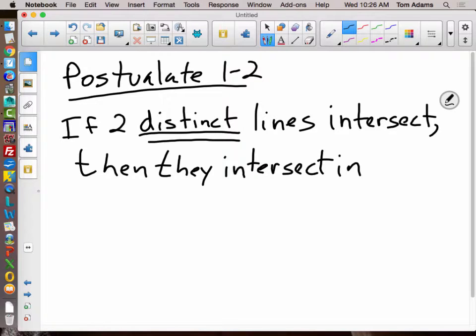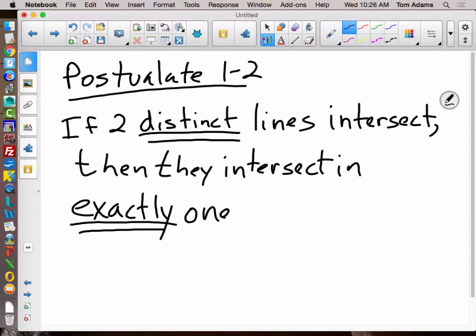Oh, most of you have your books open, but go ahead and guess anyway. They intersect in exactly one point.